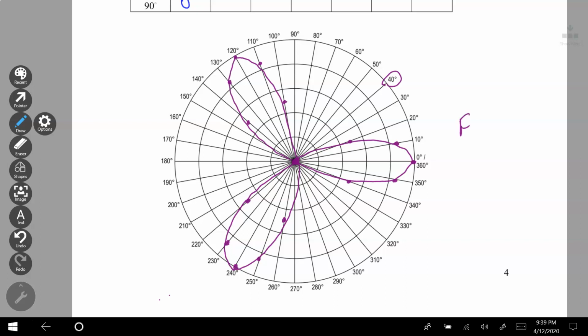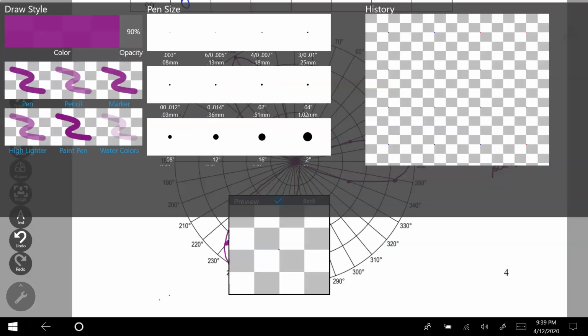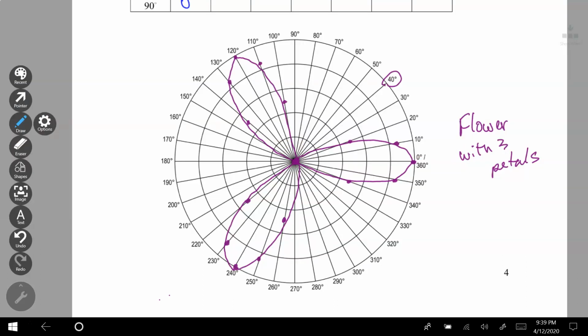It is a flower with 3 petals. The reason it has 3 petals is because of the 3 in front of the theta, and it's actually drawn twice. So 3 theta causes 3 petals.